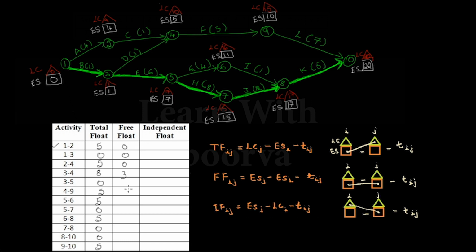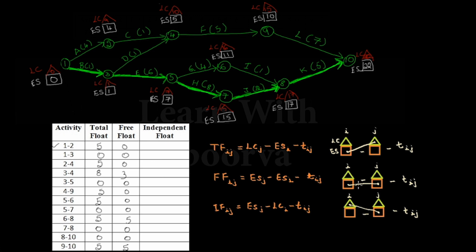Similarly, using the formula, if I calculate, I will get the values as 5, 0, 0 and 5. So this is the calculation of free float, and we have done it with the help of this formula.